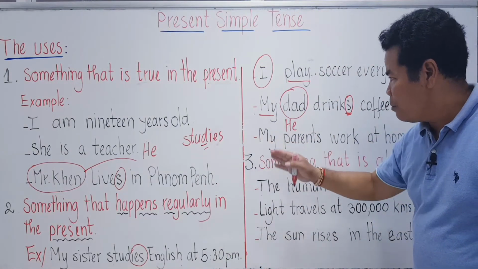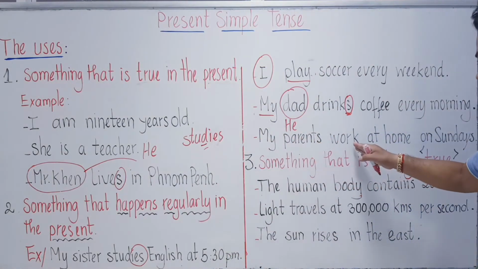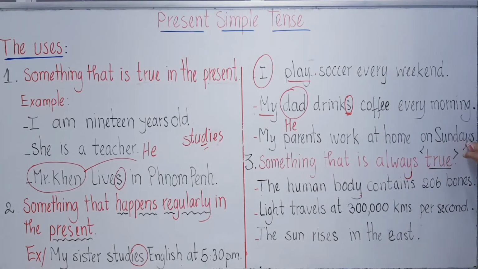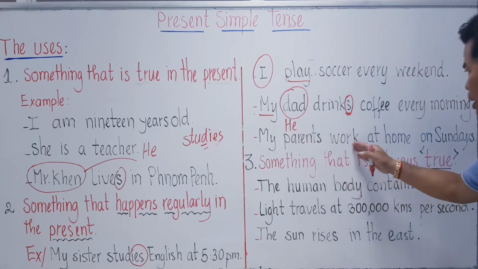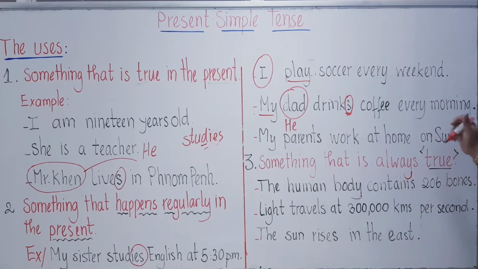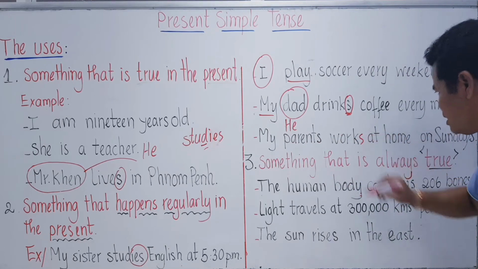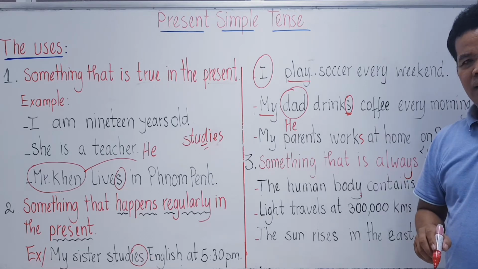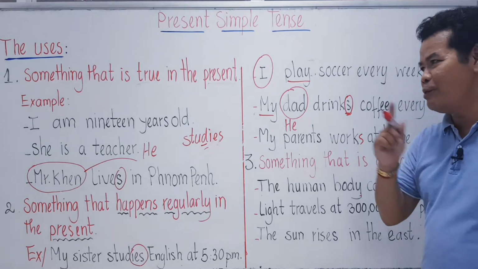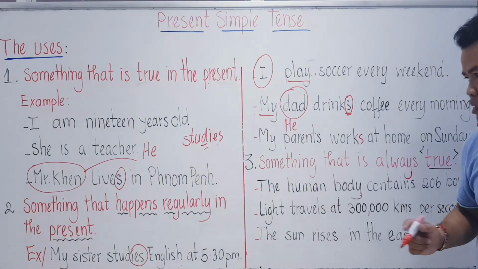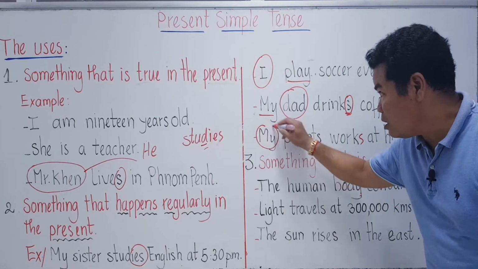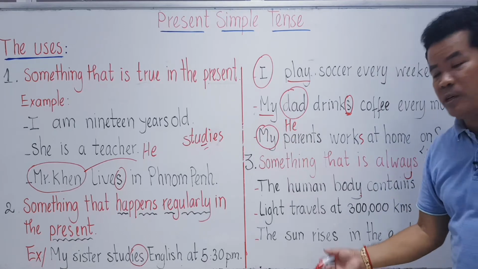Example number 4. My parents work at home on Sundays. So why we don't use s here? We go to the rule again. Let's see the subject. Where's the subject? My is the subject? No. So which one is the subject?